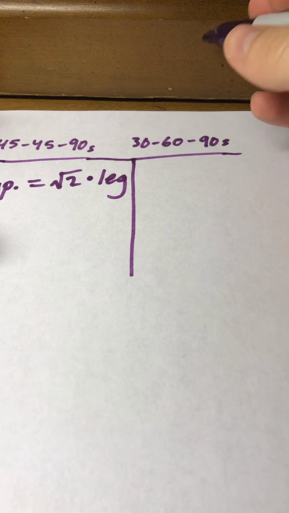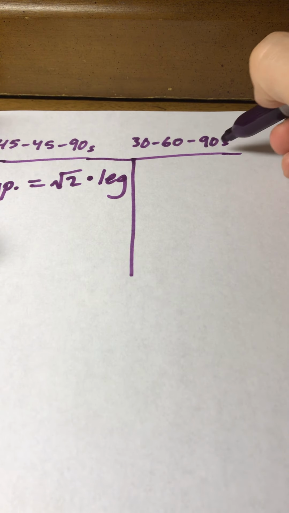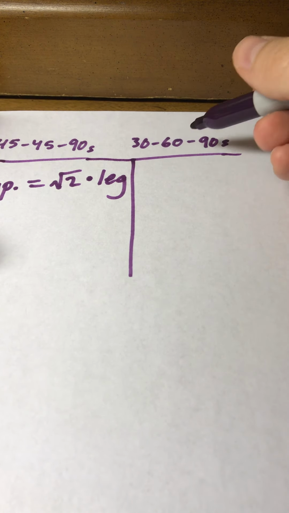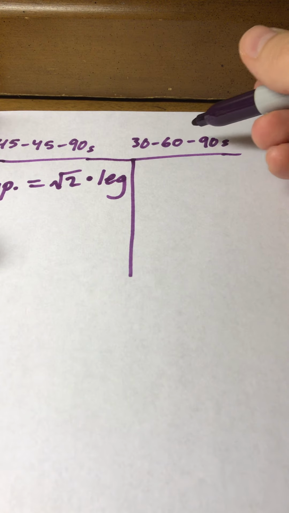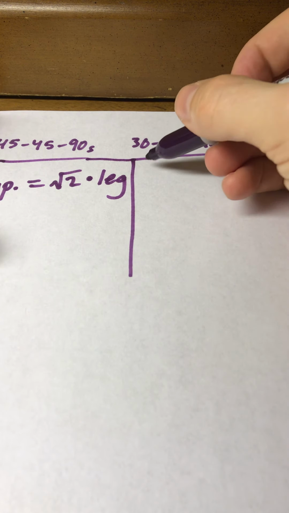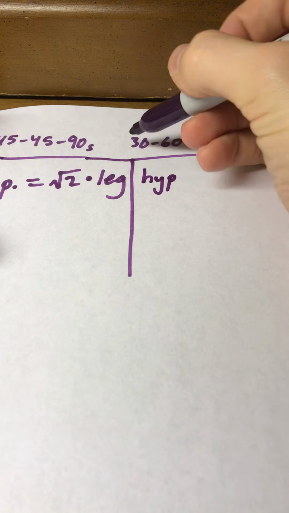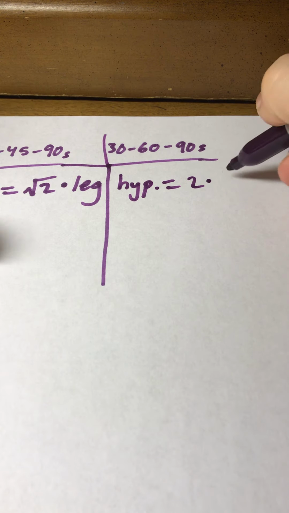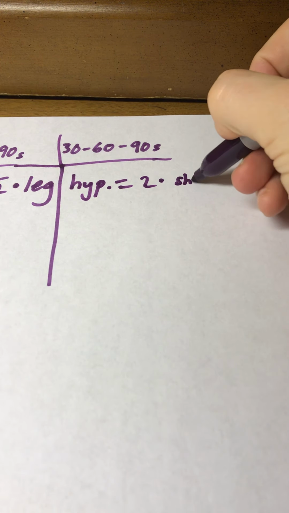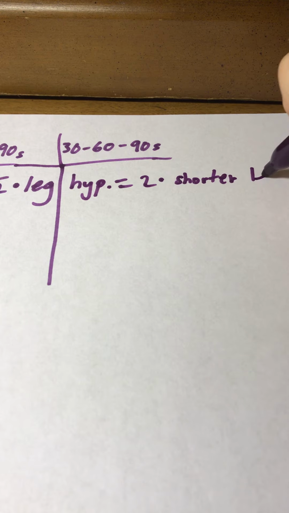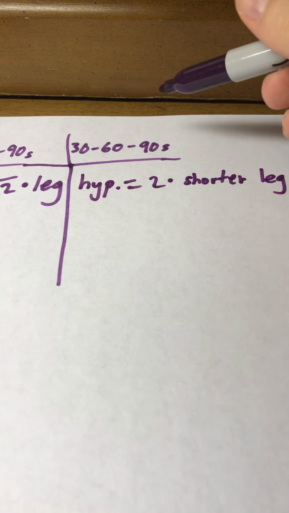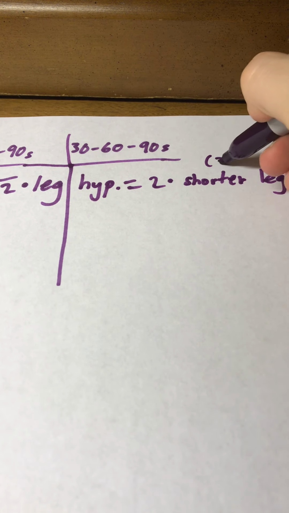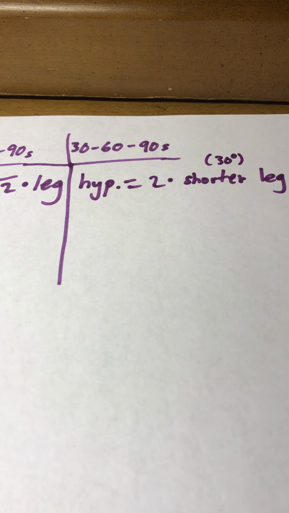We know the side across from the 90 degrees, the right angle, or the hypotenuse, excuse me, is going to be twice the size of the shorter leg, right? Because you have a shorter and a longer leg. And remember, your shorter leg is the one opposite the 30-degree angle.